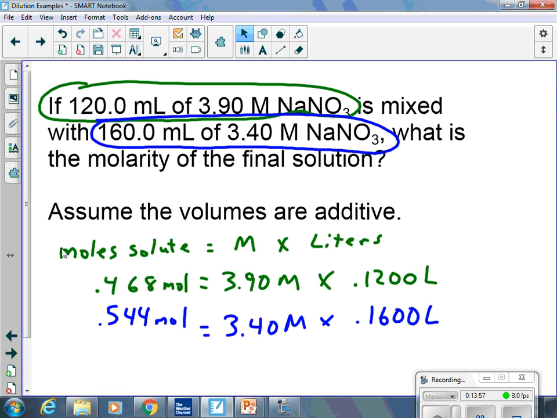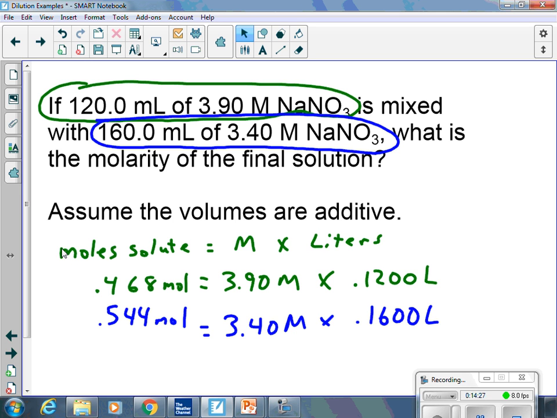Now, in order to find the molarity of my final solution, how do I calculate molarity? What's the equation for molarity? Moles of solute over liters of solution. So, what is my total number of moles?